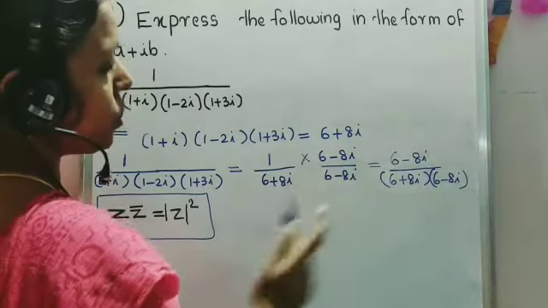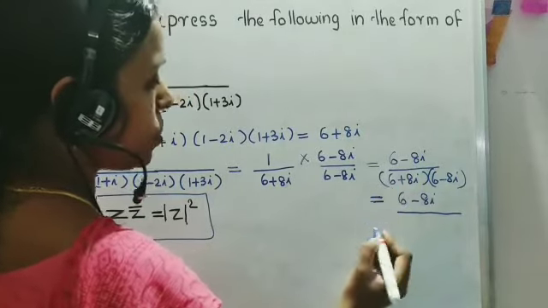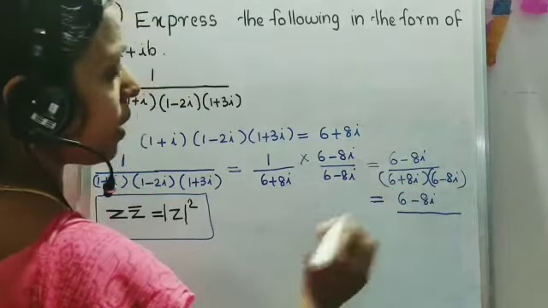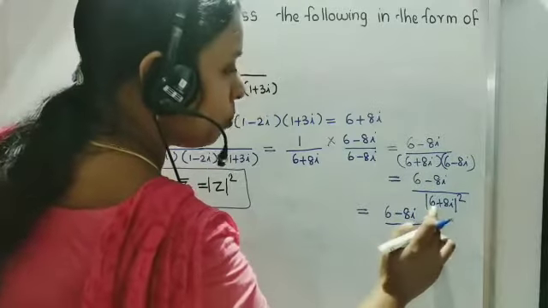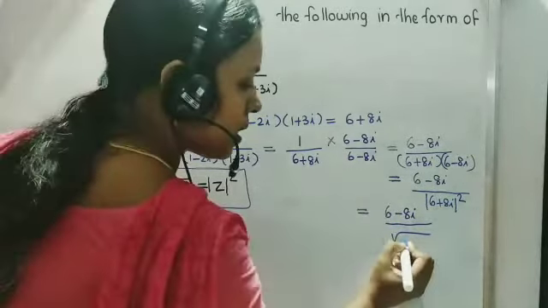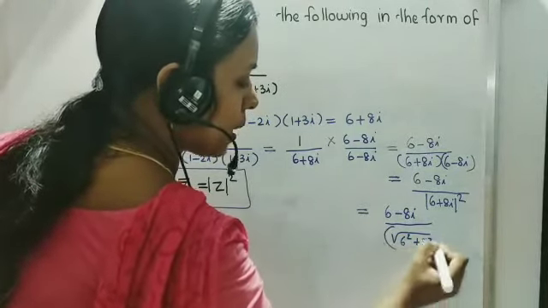Now this is equal to 6 − 8i divided by |z|², where z is 6 + 8i. So 6 − 8i divided by the square root of 6² + 8², whole squared, since |6 + 8i| is the square root of 6² + 8².